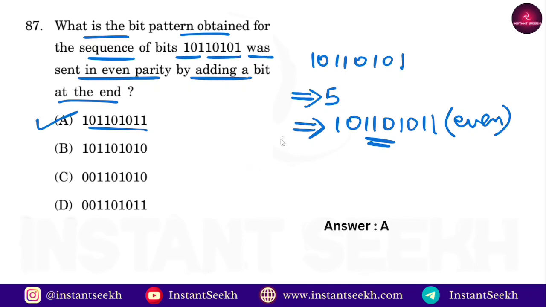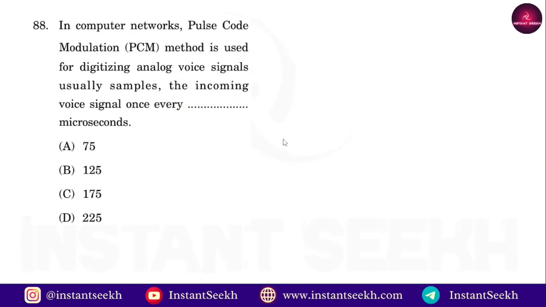Let's move on to the next question. In computer networks, the pulse code modulation method is used for digitizing analog voice signals using samples. The incoming voice signal is sampled once every dash microseconds.